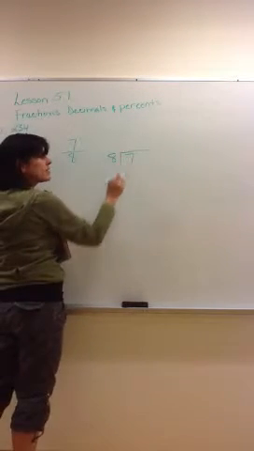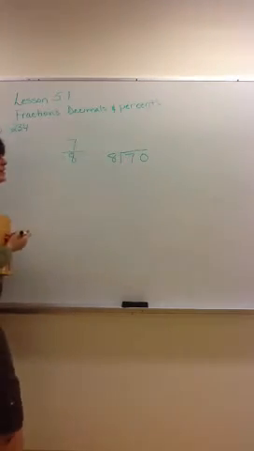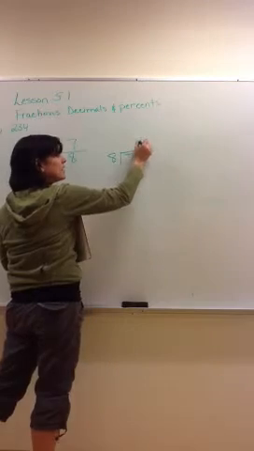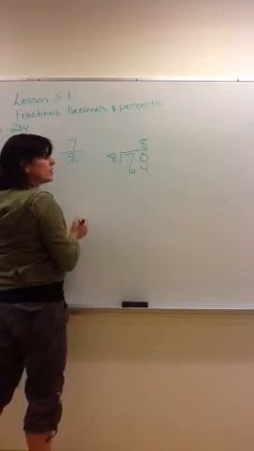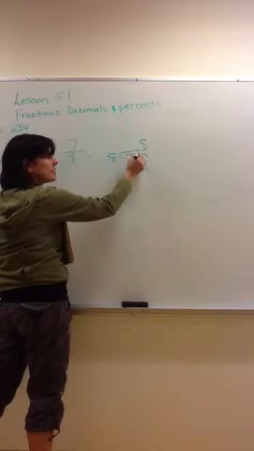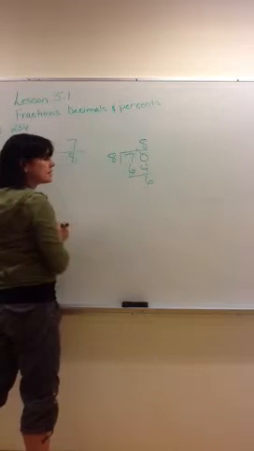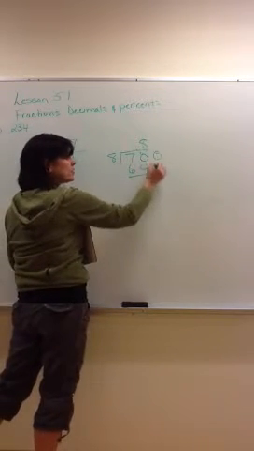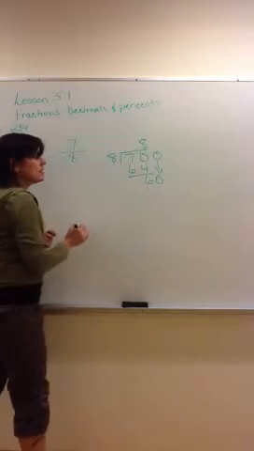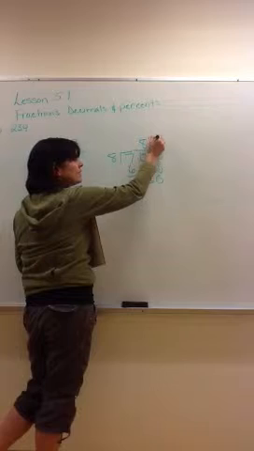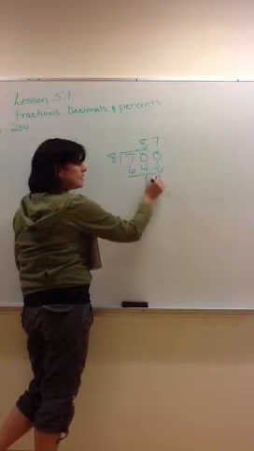We look at this, 8 doesn't go into 7, so I'm going to put a decimal here. 8 goes into 70 8 times, which is 64. Now I subtract, so 64 from 70 is 6. Bring another 0 down here, so I'm dropping a 0. 8 into 60 goes 7 times. 8 times 7 is 56. Again, you subtract.